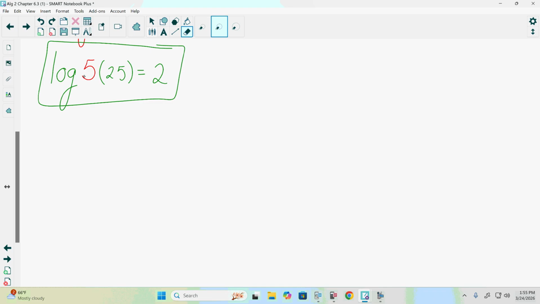We're now saying log of 5 times 25. If we write it up there, even with that parentheses, they're actually being multiplied together. And if the base of a logarithm is not written, it's understood to be 10. So really what we're looking at now is log base 10 of 5 times 25. So we do need to make sure that that 5 is dropped down. It is the base, it's not being multiplied. Yes?